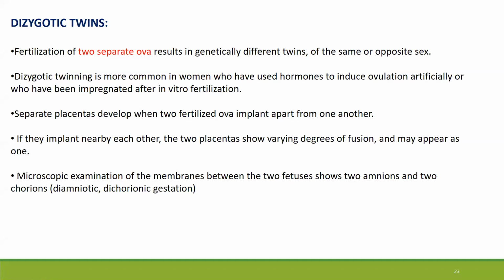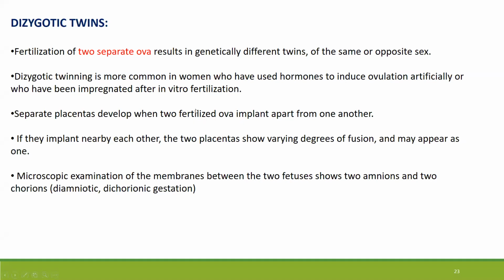So dizygotic twins, fertilization of two separate ova, result in genetically different twins. Can be the same or opposite sex. Dizygotic twinning is more common in women who have used hormones. It's common nowadays with the increased use of hormones. Separate placenta develop when two fertilized ova implant.